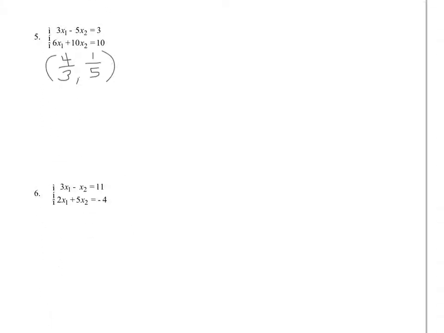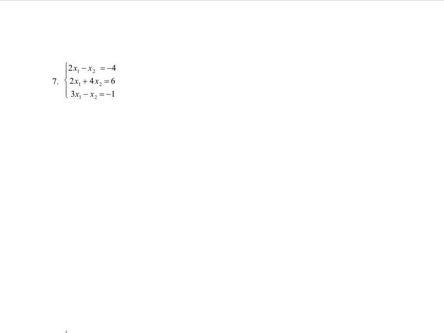And for number 6, your solution set should be 3, -2. So good luck on those. Make sure you know how to do those correctly. What I want to show you now is what happens when you get more equations and more variables. So move to the next slide.